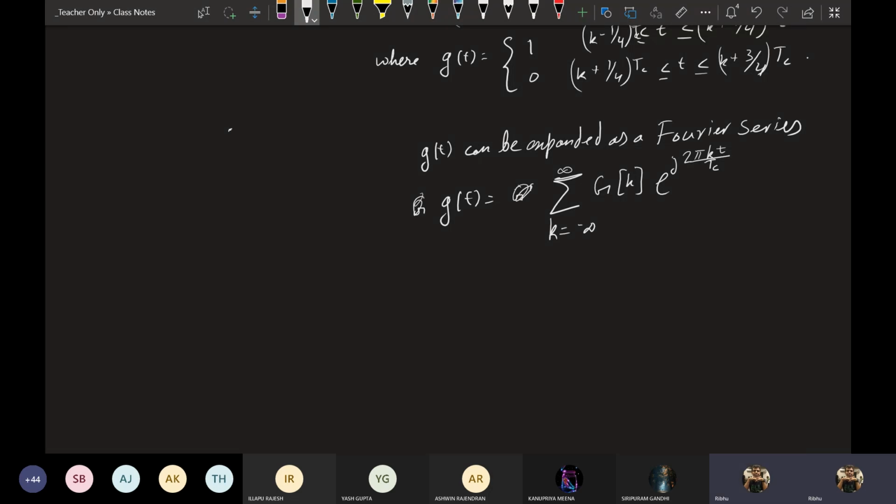Okay, let me qualify that better. Note that g(t) is an even function. So does this help our cause? Does the Fourier series of an even function have certain properties that may help us?